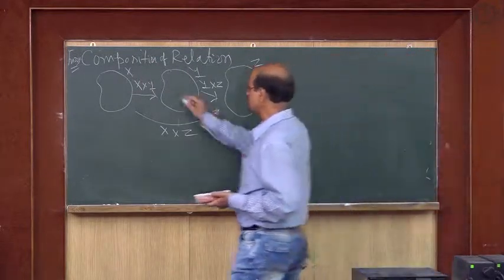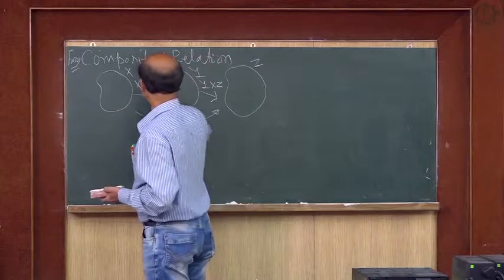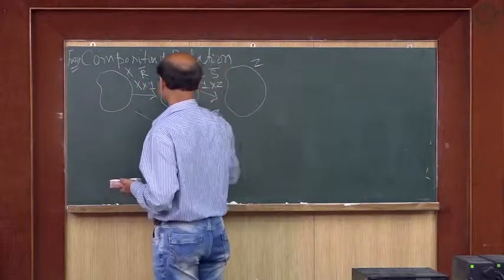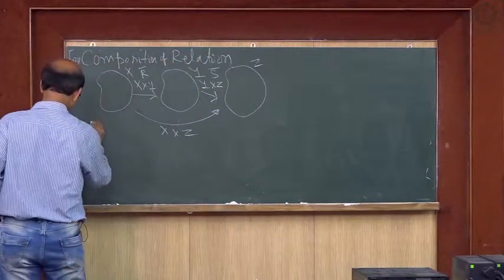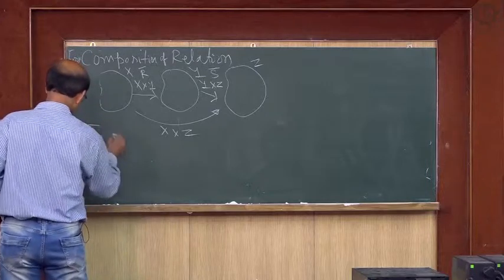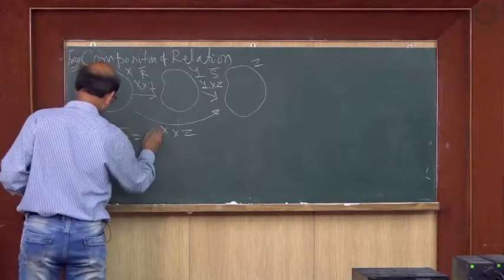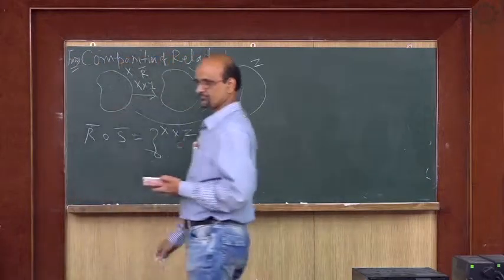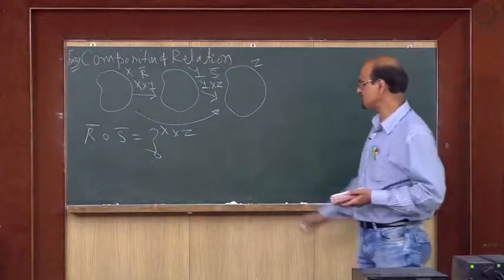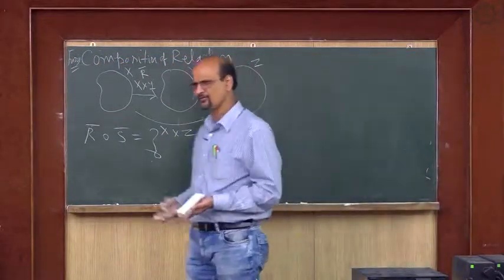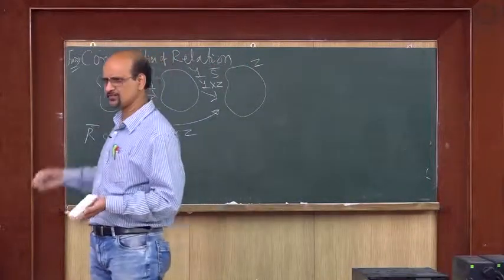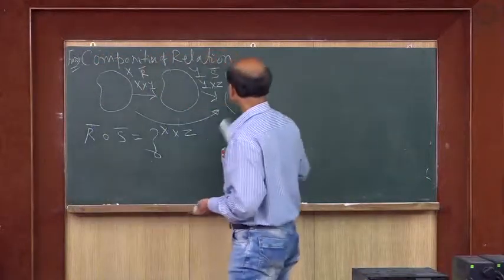Suppose I have a relation R and here S, then what is R bar composed with S bar, that we have to find. For this we have three methods, very simple, only max and min type you have to take.